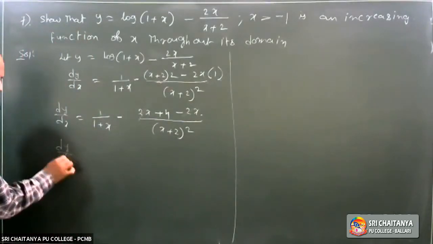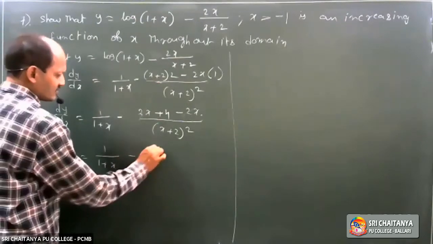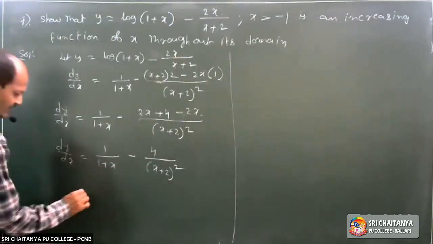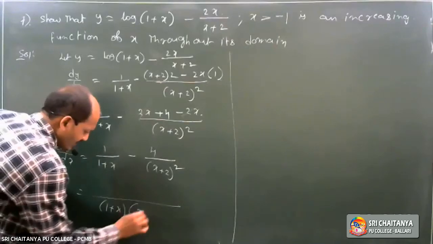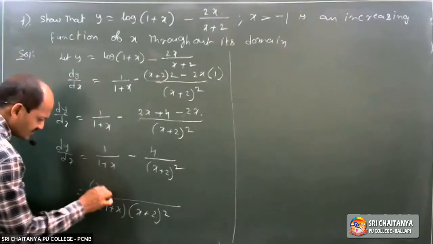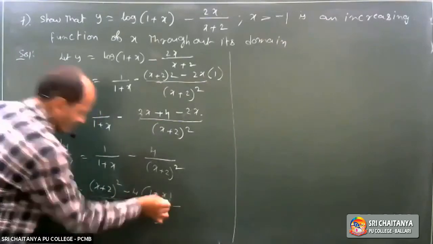Then dy by dx is equal to 1 divided by 1 plus x minus 4 divided by x plus 2 whole square. Then take the LCM, that is 1 plus x into x plus 2 whole square, and by cross multiplication, x plus 2 whole square minus 4 into 1 plus x.